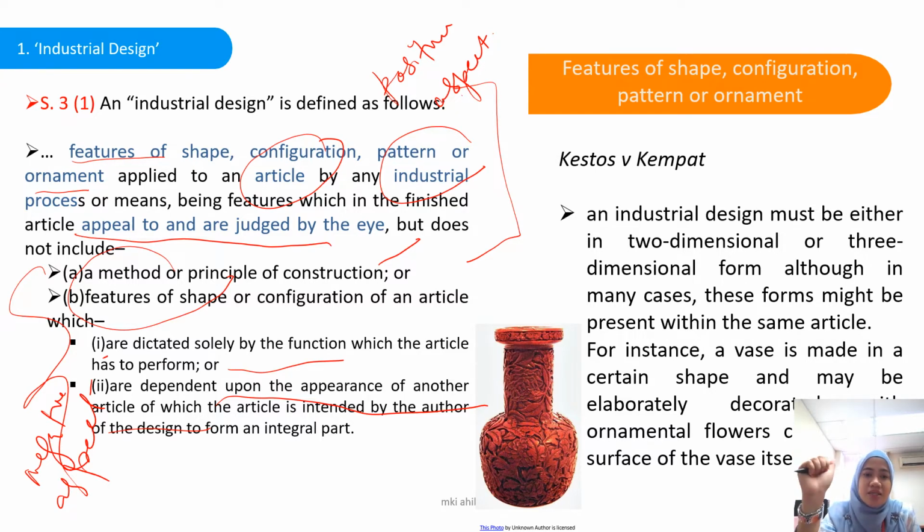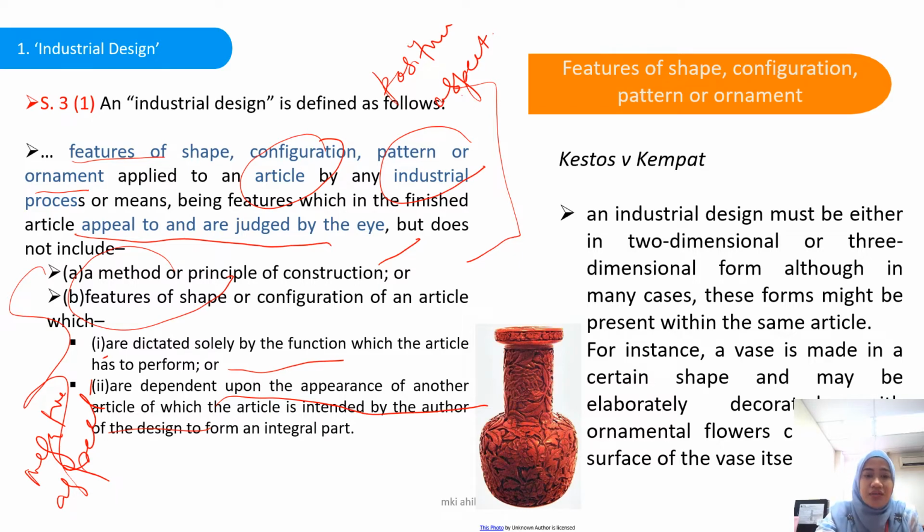But even though this positive aspect has been satisfied, if the ID actually involve method or principle of construction, or its features are actually dictated solely by the function or dependent upon the appearance of another article, still it cannot be protected under ID. So that's why in the case of F&N Diaries, court held that these two aspects, the positive and negative aspect, must be satisfied in order for that particular article to be protected under ID.